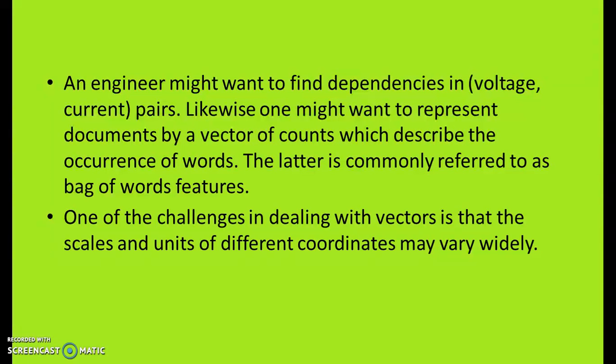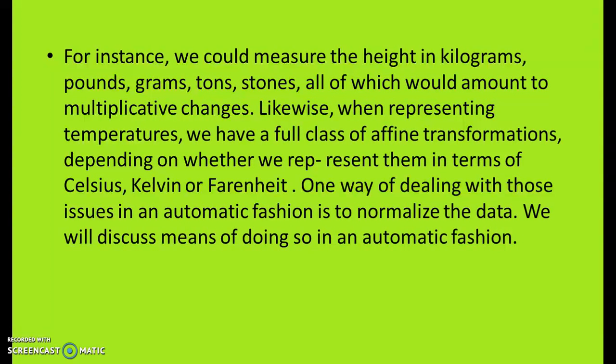One of the challenges in dealing with vectors is that the scales and units of different coordinates may vary widely. For instance, we could measure the weight in kilograms, pounds, grams, tons, stones, all of which would amount to multiplicative changes.